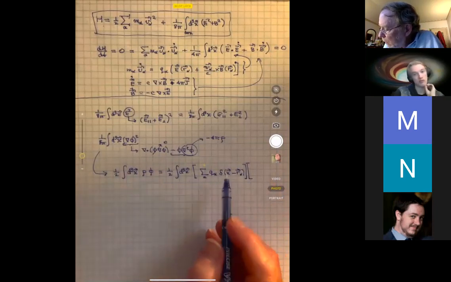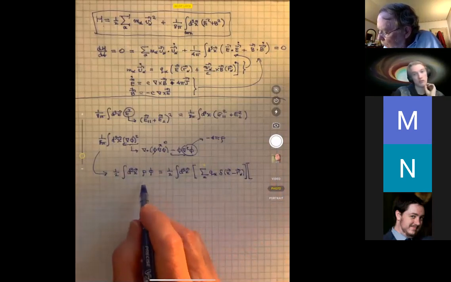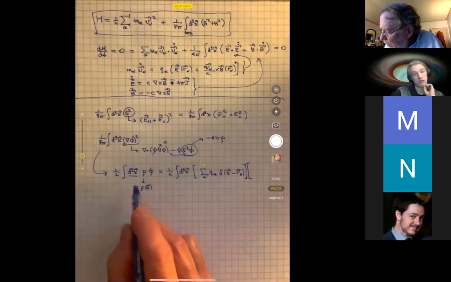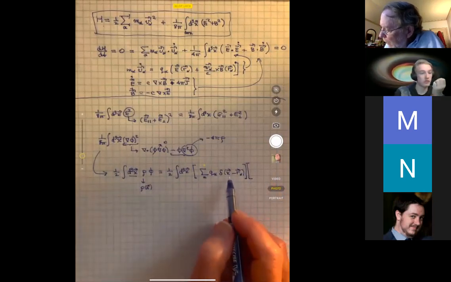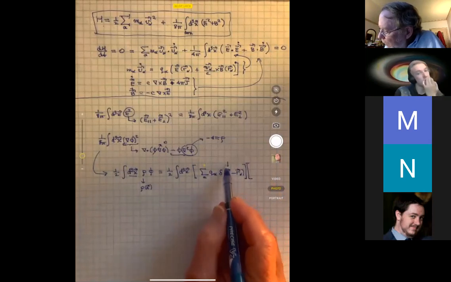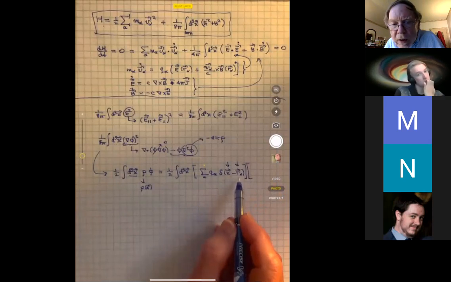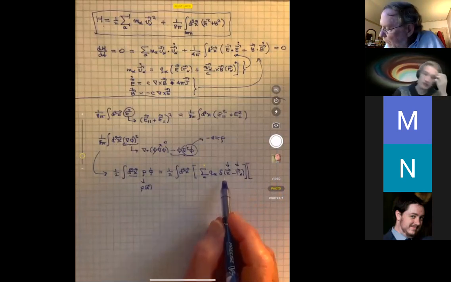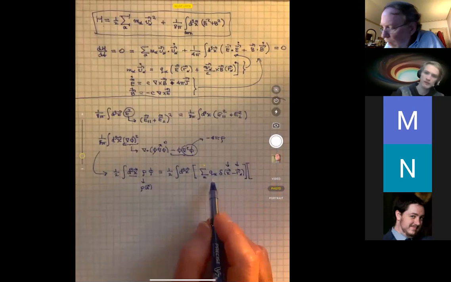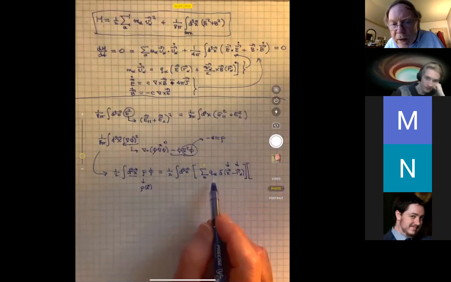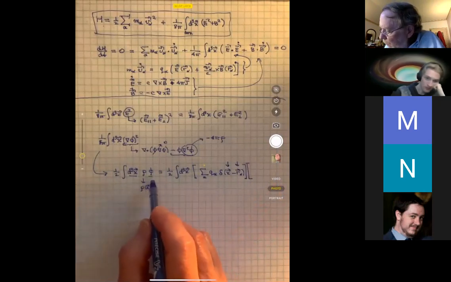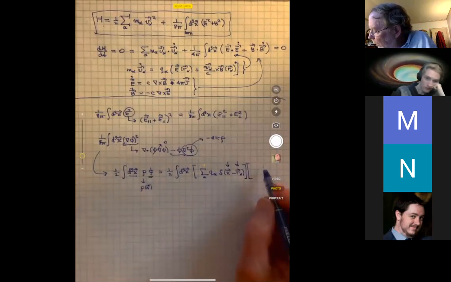But let me point out that the rho here means rho of x, the charge density at position x. That's what you're integrating over here. The x is the field point at which the charge density is evaluated, but the r alphas are the positions of the particles. So the charge density is a delta function on top of where the particle is, multiplied by the charge. That's the idea here. As far as the scalar potential is concerned, we worked that out too.